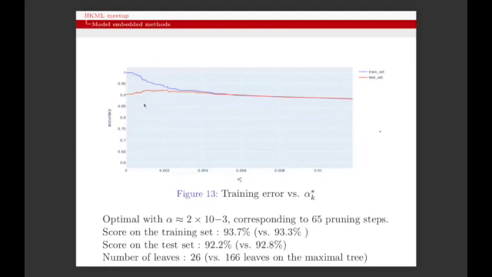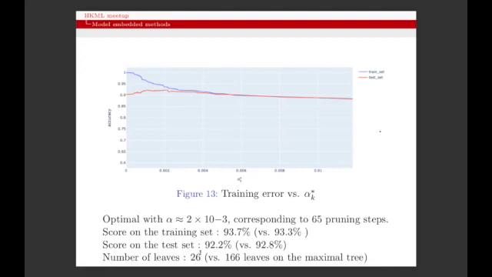Finally, we have to see what is the optimal alpha. From this graph, which gives the train and test set accuracy for different values of alpha, we see that we should prune until alpha gets above an optimal alpha equal to 2 times 10 to the minus 3, which corresponds to 65 pruning steps, and leaves an optimal tree with an improved accuracy on the test set compared to the 90% obtained with the maximal tree, and only 26 leaves, which makes it much smaller.